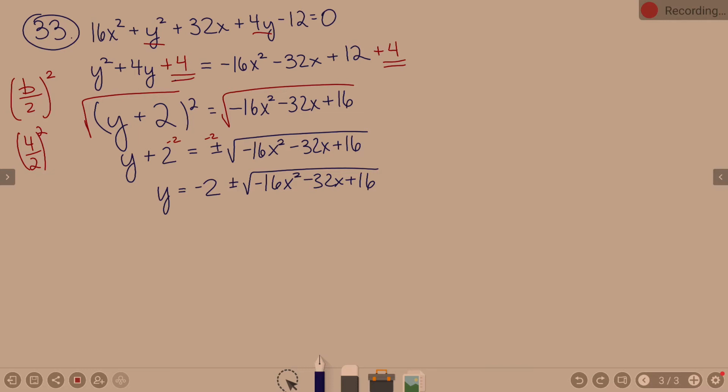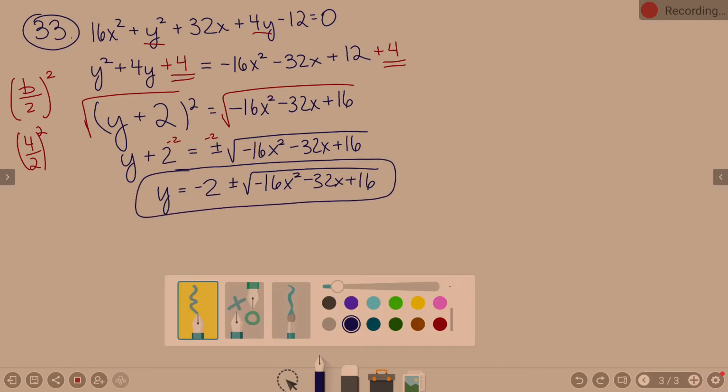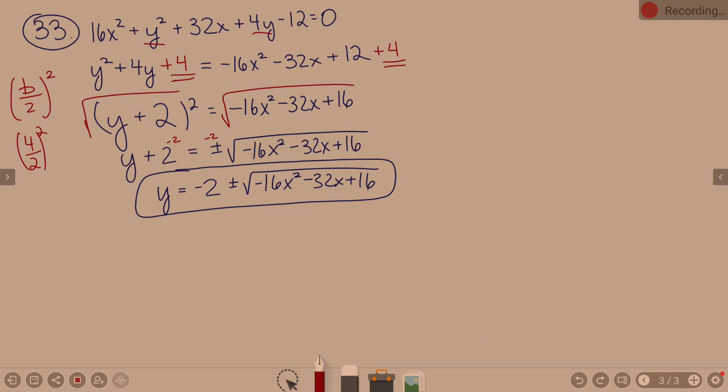And if you look at my answer key in Schoology, you'll notice that's not what I have boxed, but I would accept this. This would be acceptable. It would be equivalent. I would be okay if you stopped there. The answer key box there is under the radical. I factored out a 16.